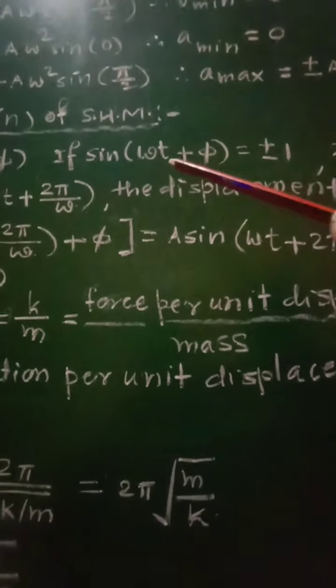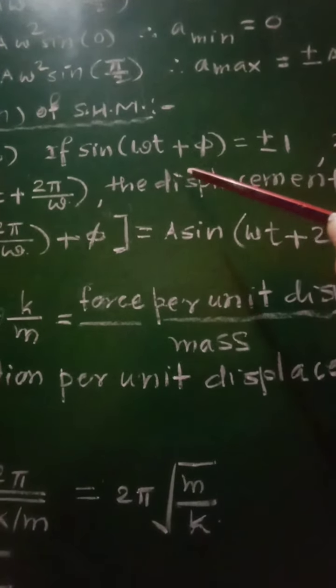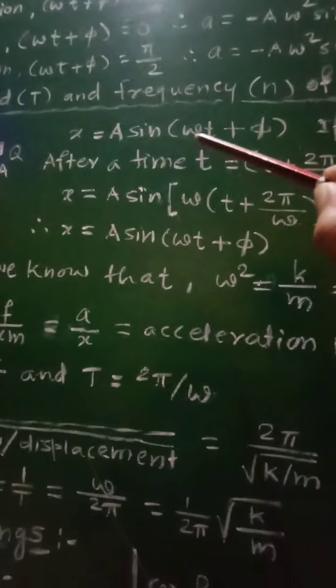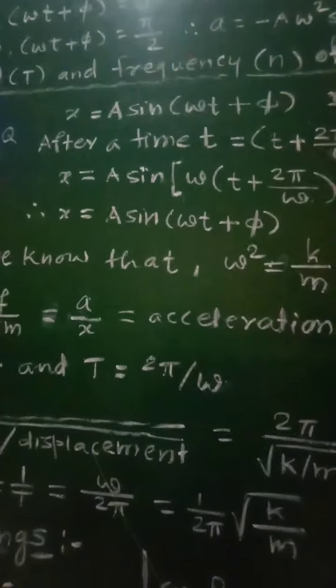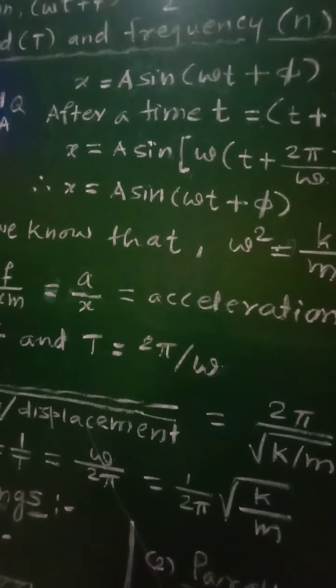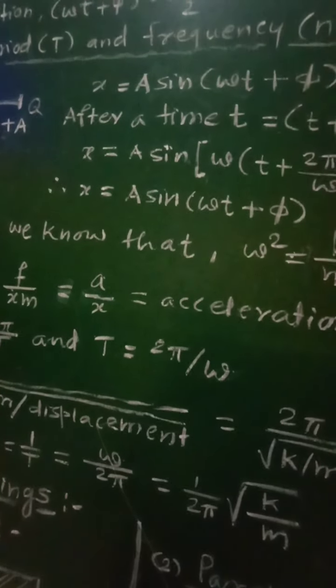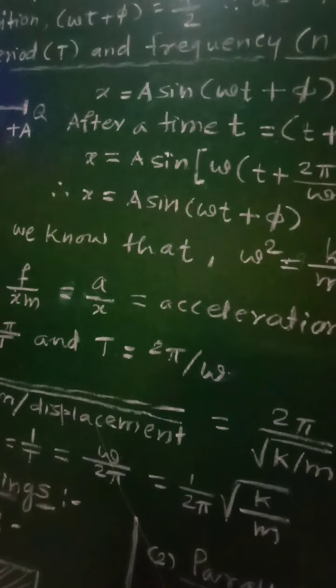So if this value is plus or minus 1, then x will be equal to plus or minus a, that is it will possess maximum value, where a will represent the amplitude.